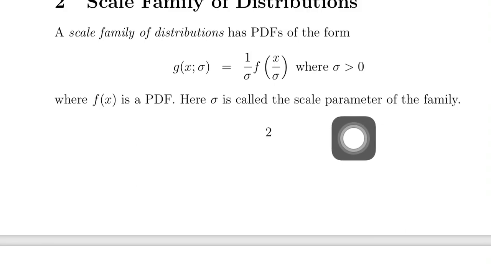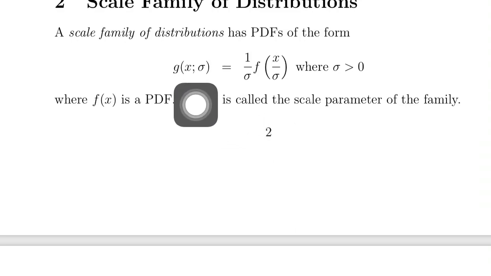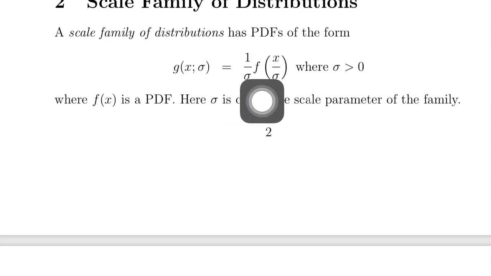Now you see what change we are going to make in the scale family of distributions with respect to the standard distribution with density f. In this new density, we multiplied the old density with 1 by sigma and then replaced x by x by sigma.